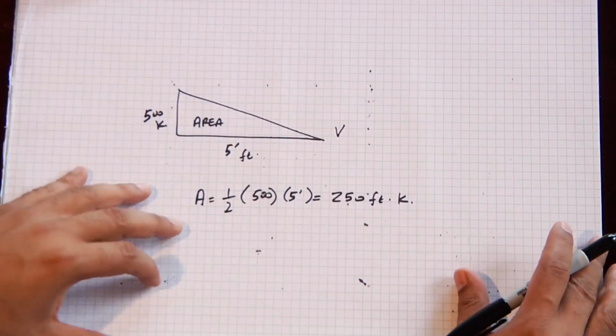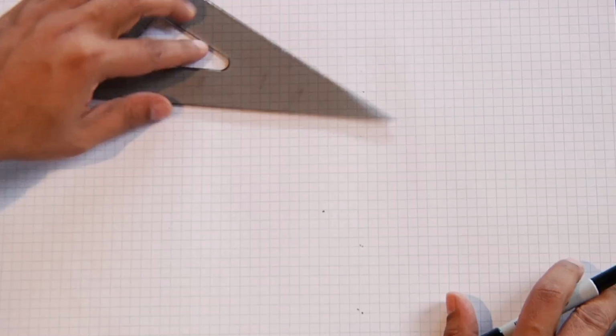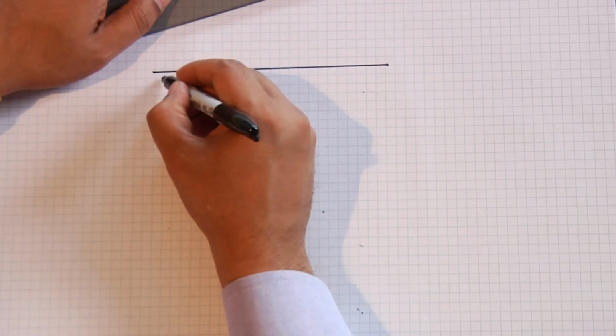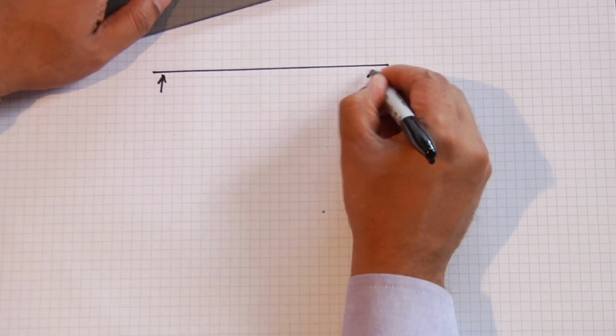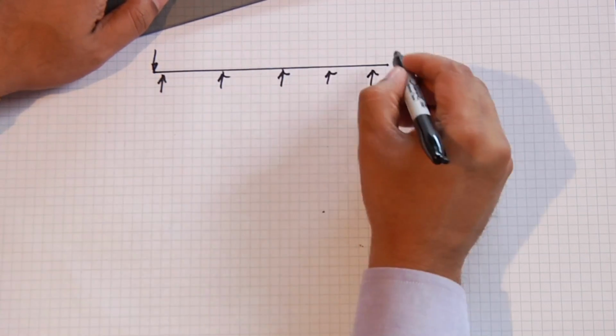If I were to do the exact same problem over again and say I reverse the load in the opposite direction, and say the load was going up, my reaction would be going down.